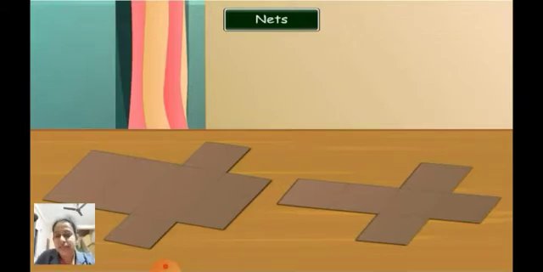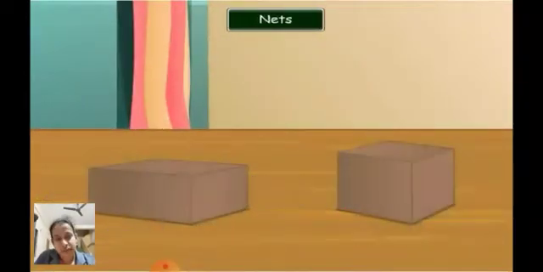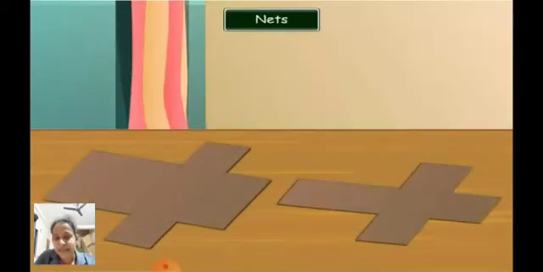So the boxes are three-dimensional objects. Remember, after cutting them open and laying them flat, what do we get? We get a two-dimensional figure made of rectangles as well as squares.